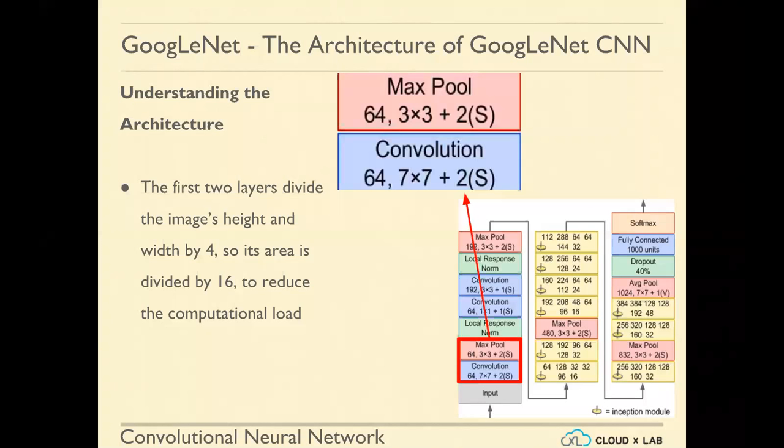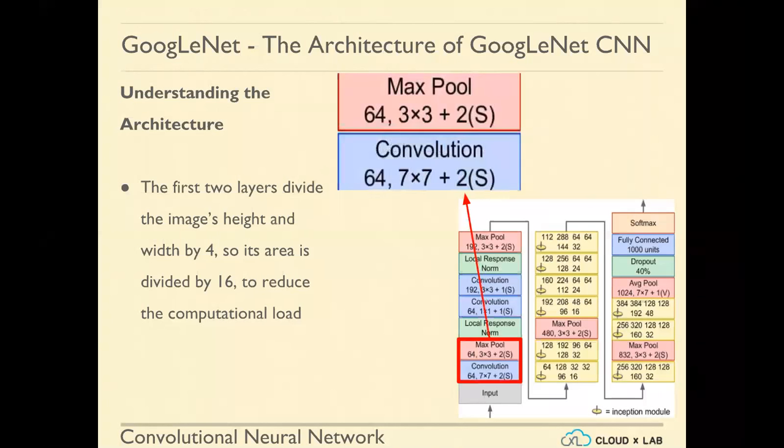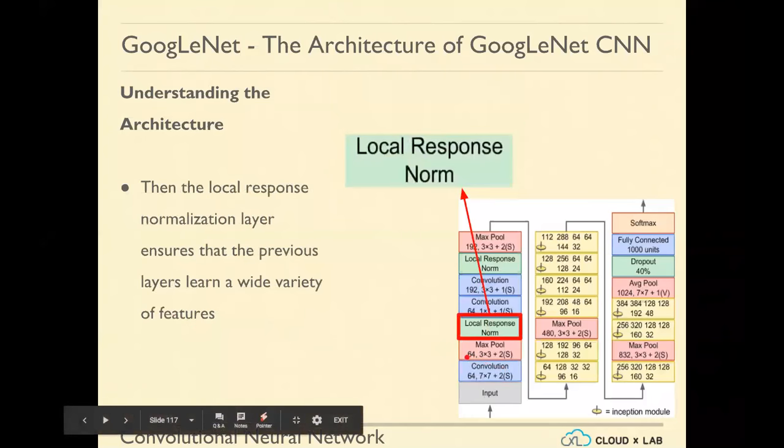Okay. And that's what is happening here. All right. So the max pool is applied after the convolution.